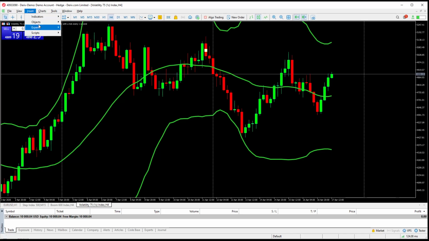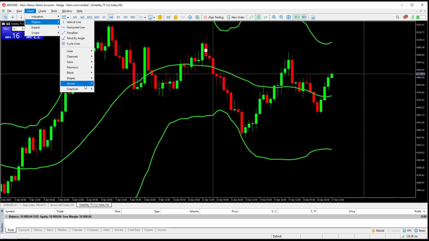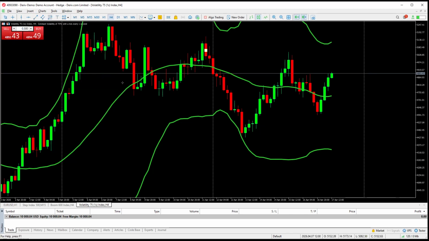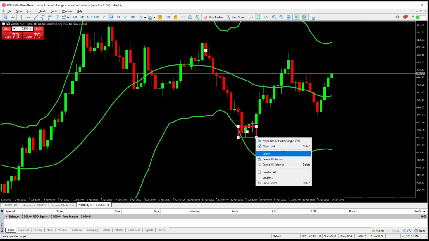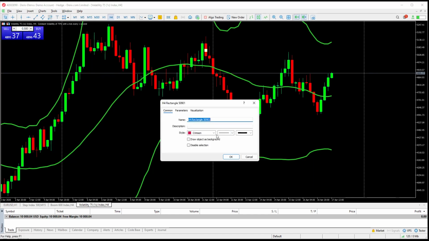I want to show you by adding some objects. I want you to see where I'm putting these arrows.